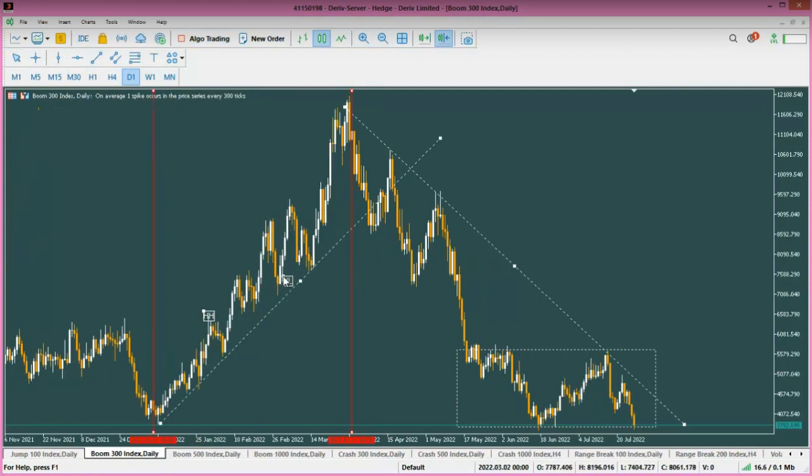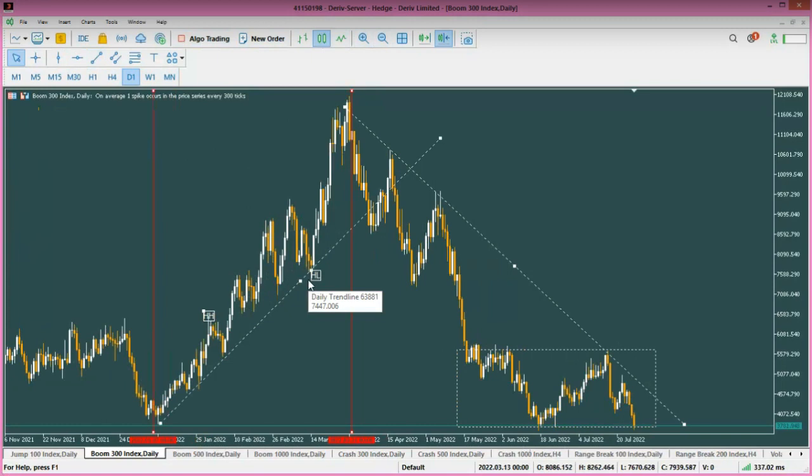This one is a higher low. Why is it a higher low? Because it is higher than the previous low, which is why it is called higher low. Ladies and gents, make sure you get that because it is very, very important.